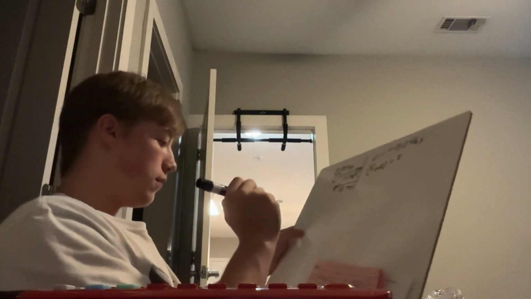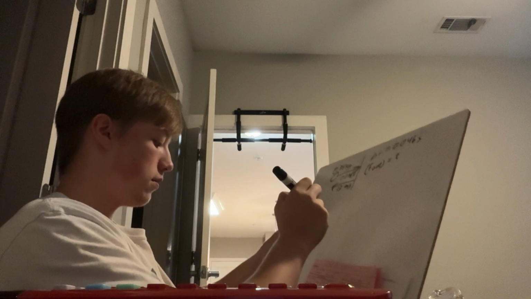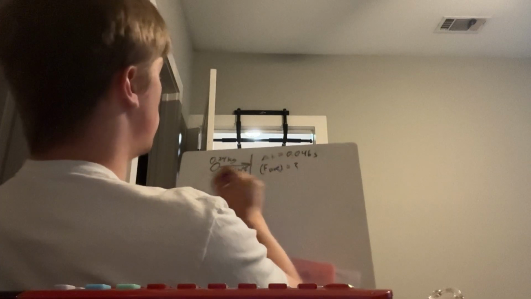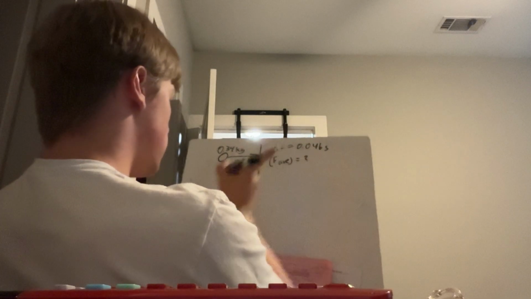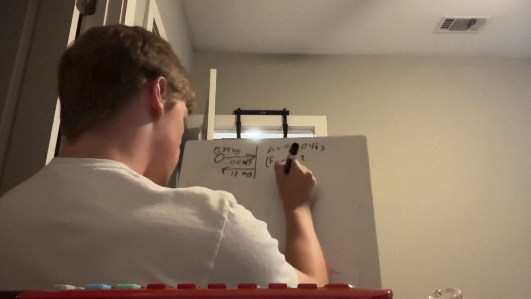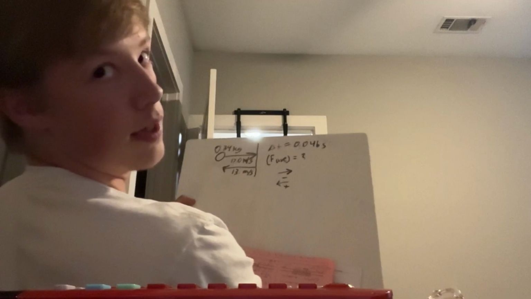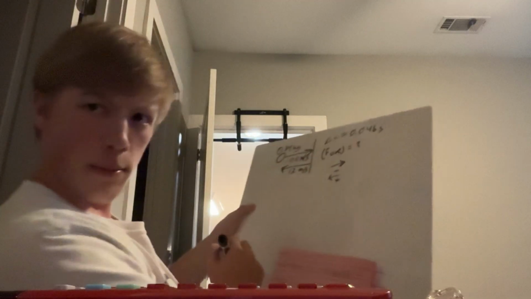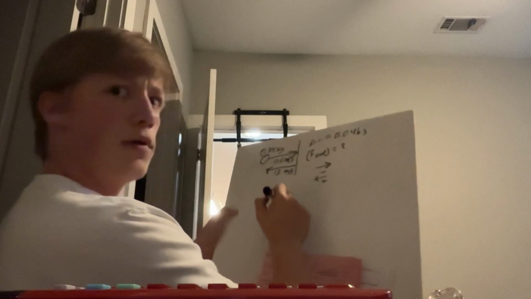P, momentum, P equals mass times velocity. P1, P2, momentum 1, momentum 2, and then you subtract them. And this is going towards the wall, and because it's easier, we're going to say that the velocity going this way is negative and this way is positive. You see how I did that?